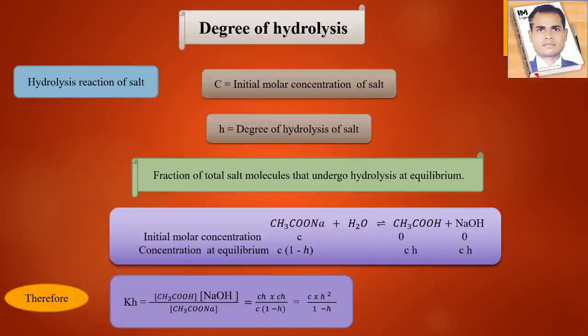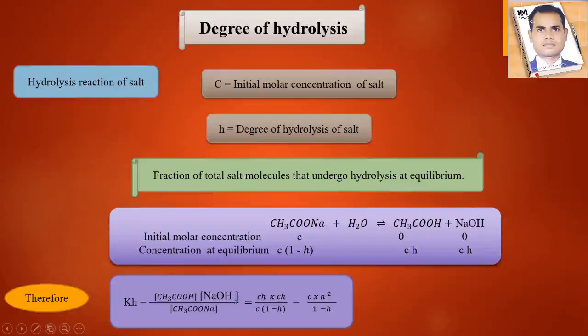Therefore the hydrolysis constant Kh, for this reaction, you will write as the concentration of acetic acid times the concentration of NaOH, the concentration of the whole product we have taken here, divided by the concentration of sodium acetate only, and water we have taken as a constant.